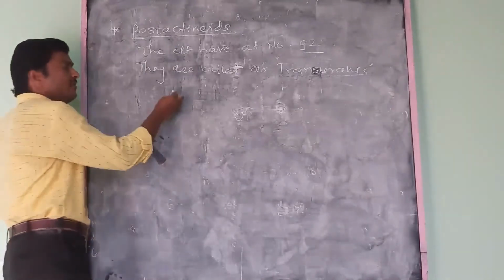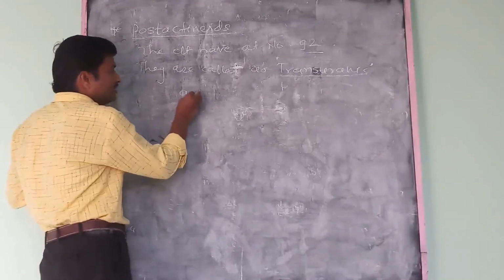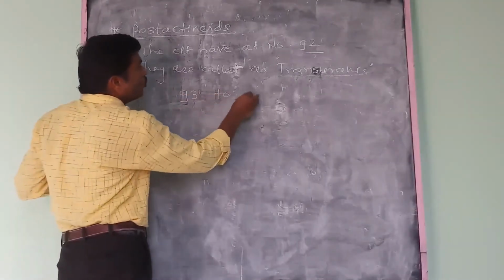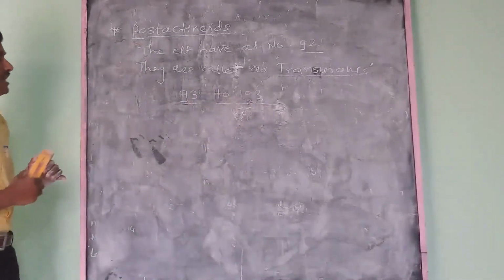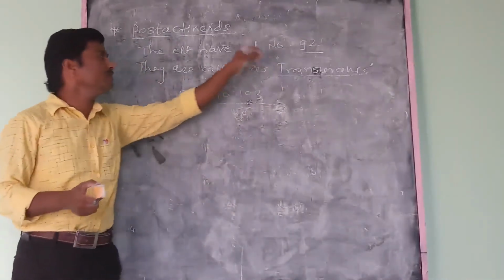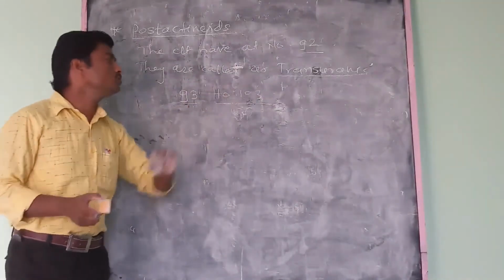Generally, these are the elements with atomic number from 93 to 103.